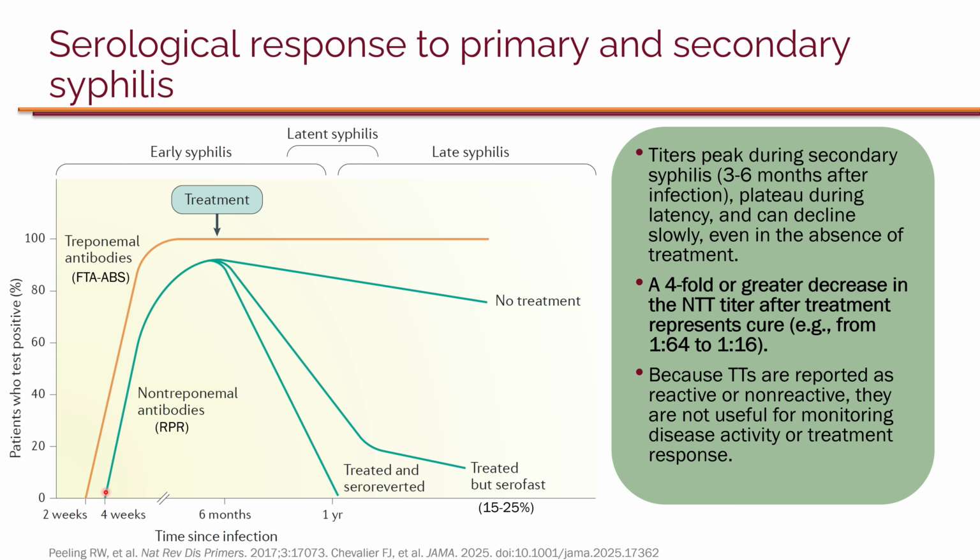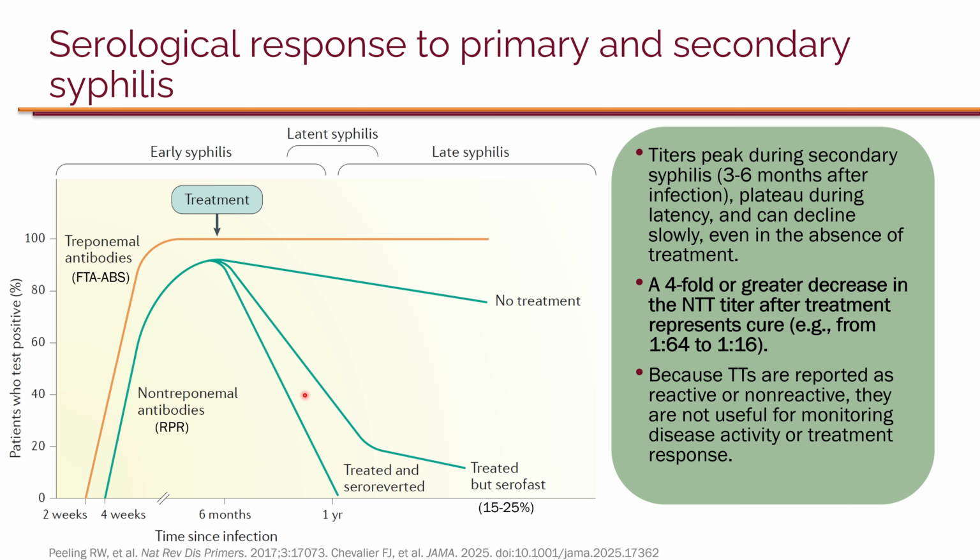The second group, which is NTTs, most commonly RPR, again start to increase during primary syphilis, and they peak during secondary syphilis, and then even without treatment over a lifetime they start to decline slightly, but with successful treatment they will get a sharp decline.